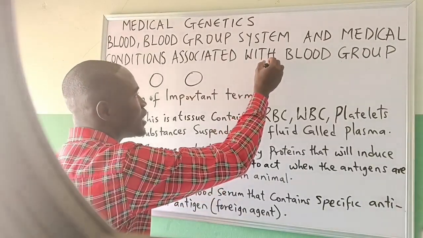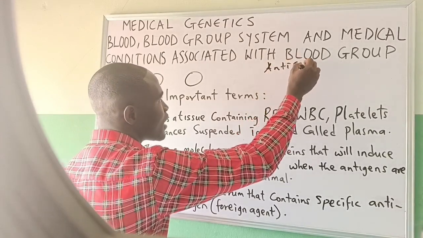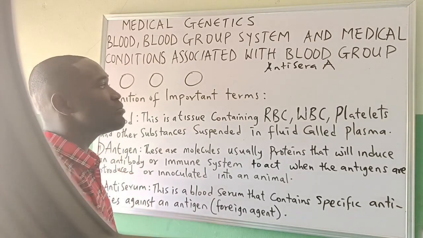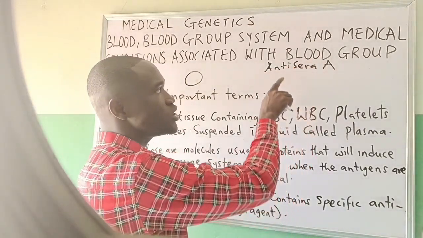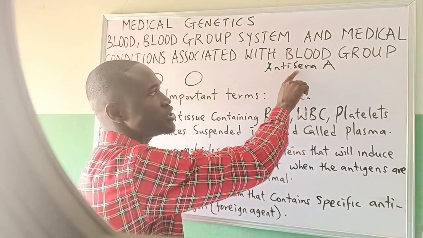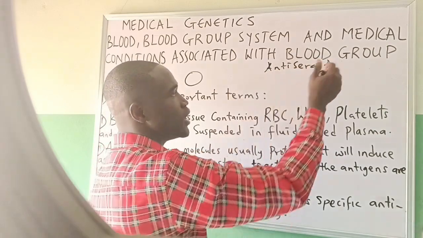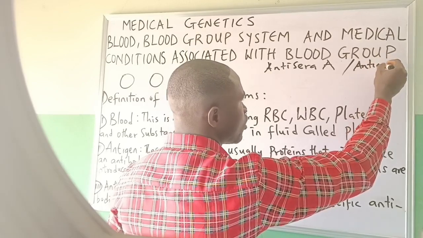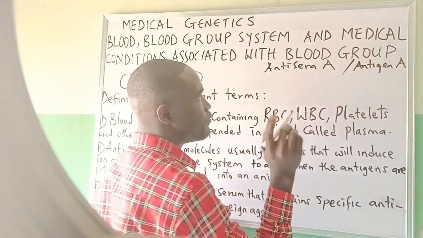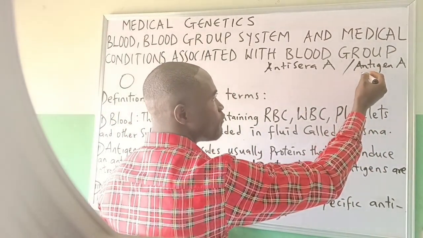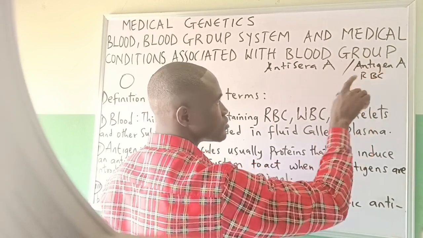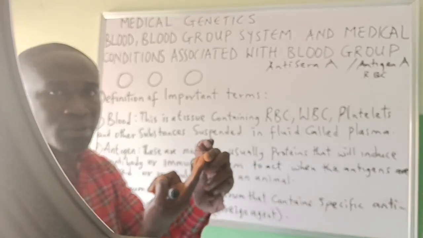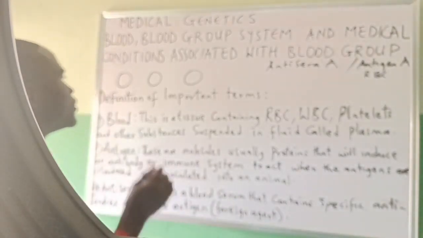So we get antiserum A, which means antibody-rich serum A. It will be fighting antigen A because it is A. Recall, antigen will be coming from your red blood cells, your blood that will be taken from your finger.